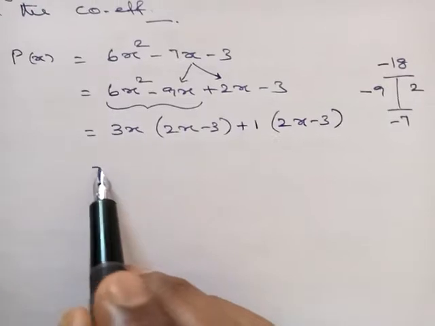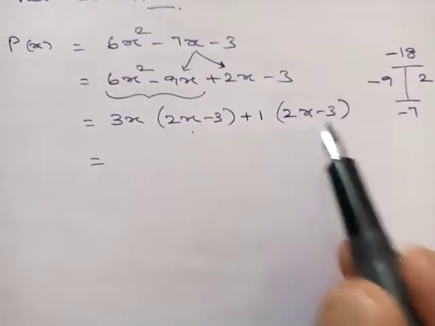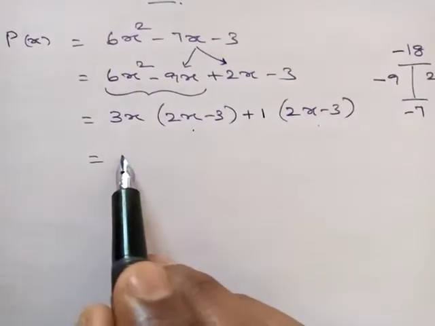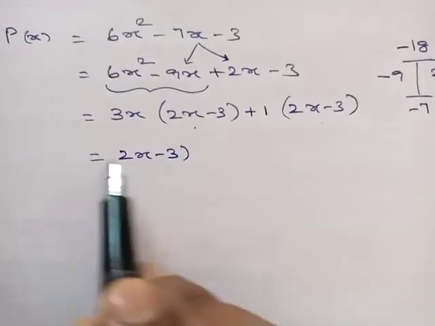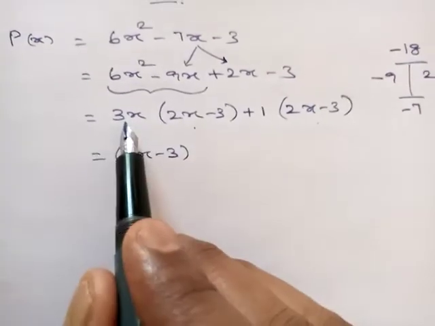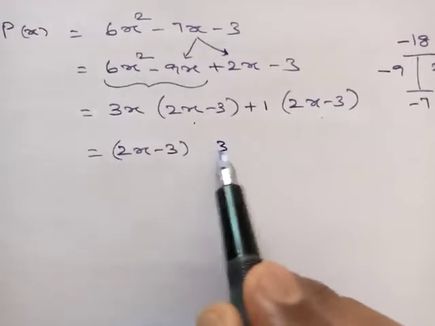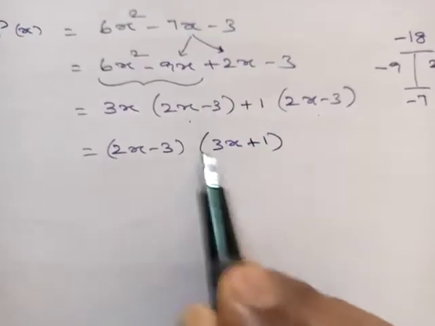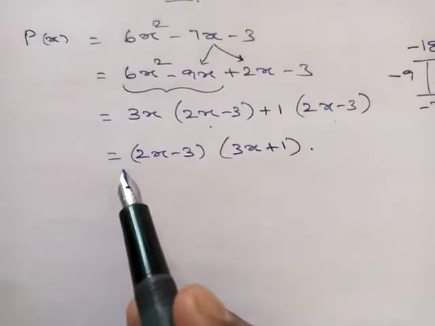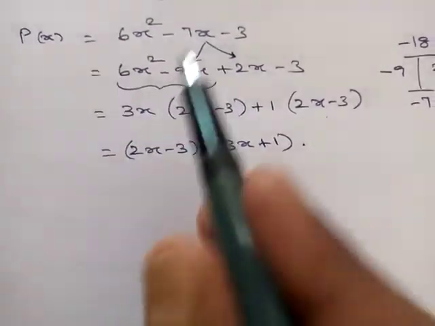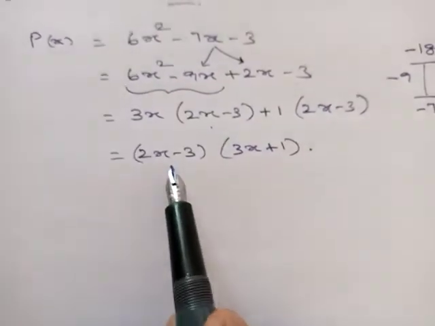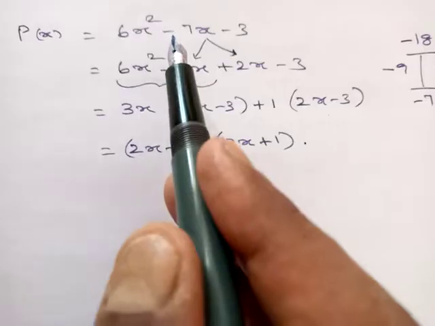Now here also 2x − 3, here also 2x − 3, so this 2x − 3 we can take outside. What will be the remaining? 3x here plus 1, so 3x + 1. This is nothing but the factorization of this quadratic polynomial. So these two are the factors of this polynomial.